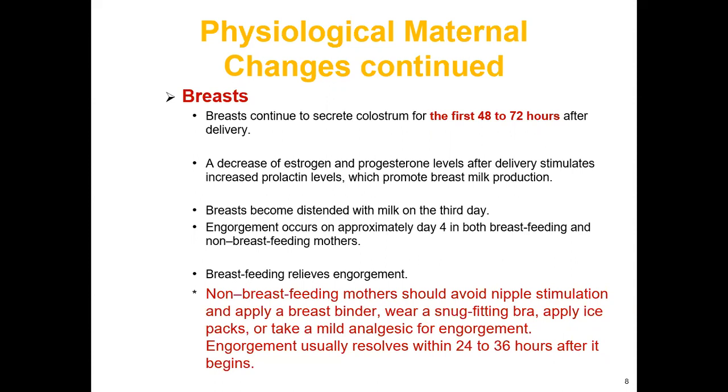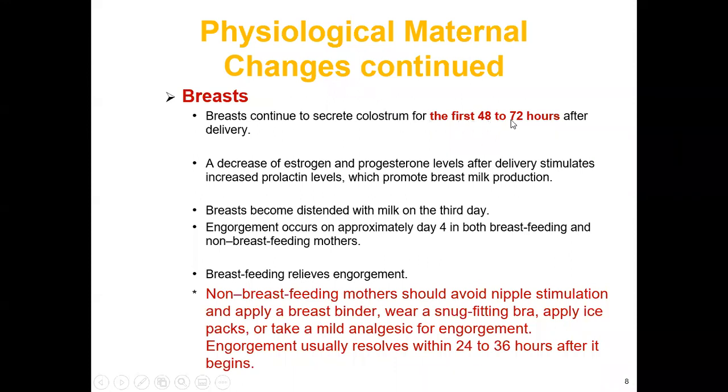So does the breast continue to secrete colostrum? The first milk secreted from the breast of a pregnant mother is called colostrum. It is the best gift to the baby. It is full of immunoglobulin that protects your baby.